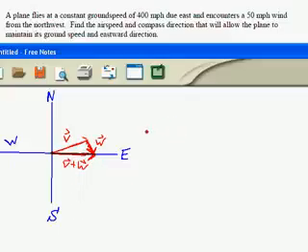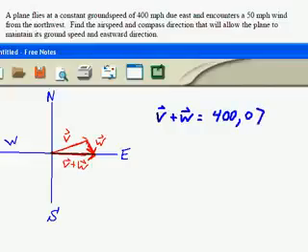Well, here's the thing. We're given that V plus W is equal to 400, 0. That would be this vector right here.